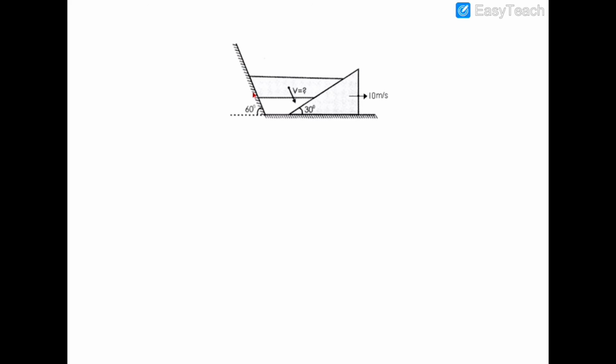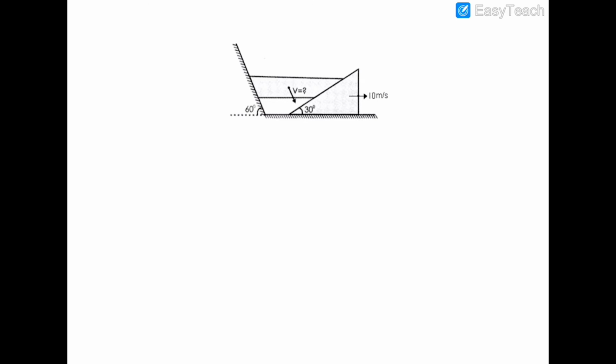So if there is a fixed contact, then the object which is attached to that fixed contact will always move parallel to that fixed contact. So this fixed contact is at an angle of 60 degrees with the horizontal, and this block will always move along the parallel direction of this fixed contact.